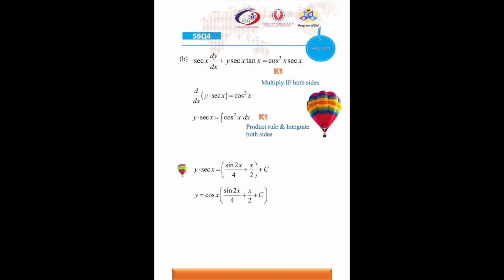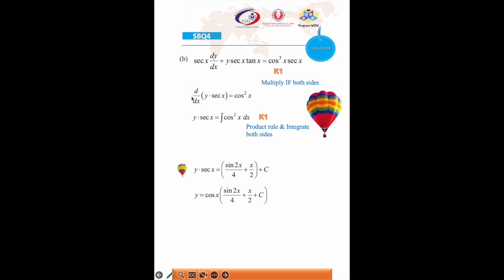So we need to multiply the integrating factor on both sides, secant x and secant x. And then you have to rewrite that as d/dx of y times the integrating factor, and then we just need to take the right hand side. So secant x times 1 over cos x, you're going to be left with cos squared x, and then we integrate both sides.